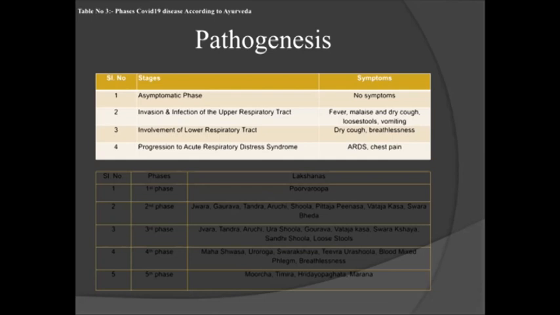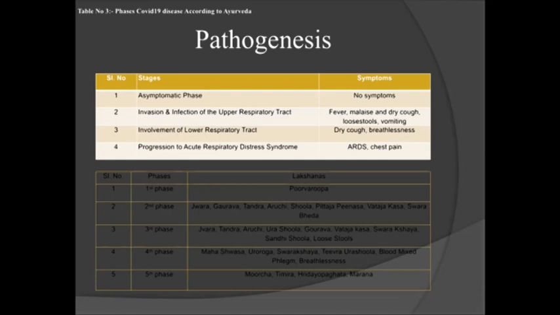Pathogenesis. As of now, in the stages of COVID-19 disease according to allopathy, there is an asymptomatic phase with no symptoms, followed by invasion of the infection in the upper respiratory tract, and then symptoms like fever, malaise, dry cough, loose stools, and vomiting.